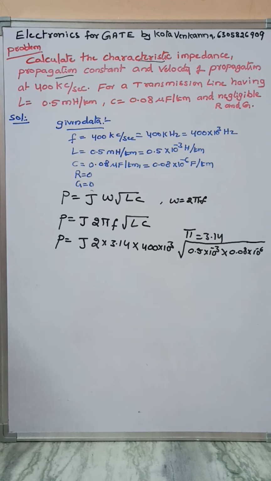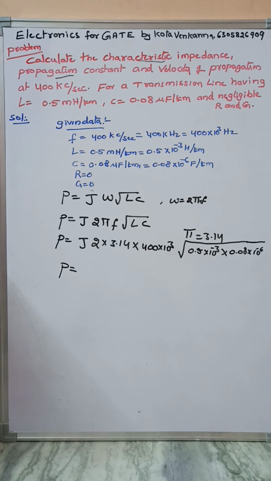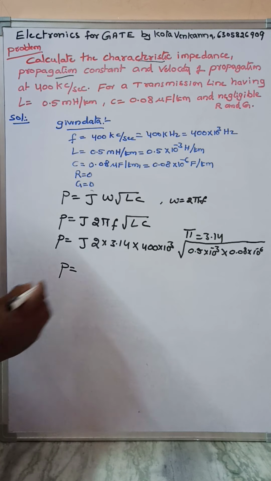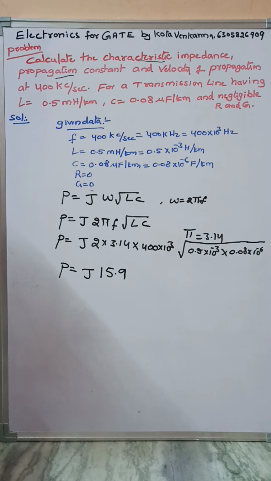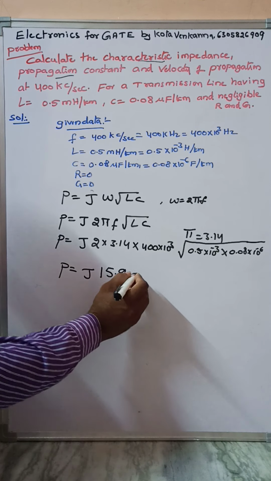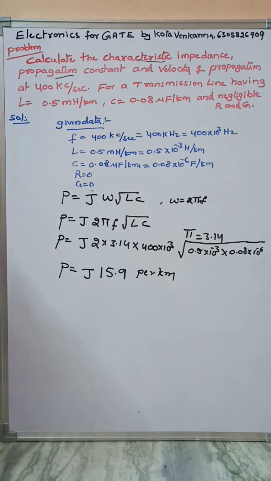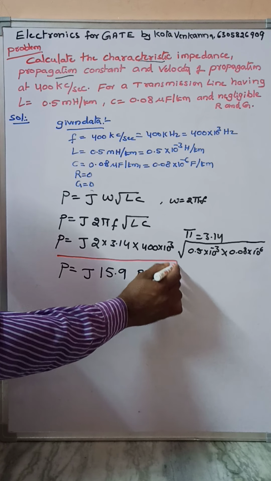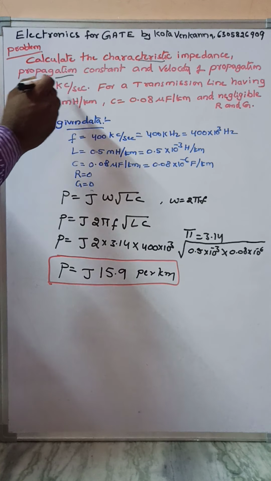By calculator, P is equal to j 15.9 per kilometer. This is the value of the propagation constant. So the propagation constant is completed.